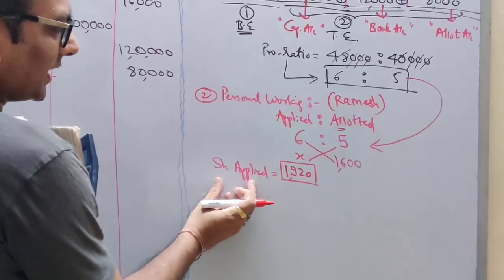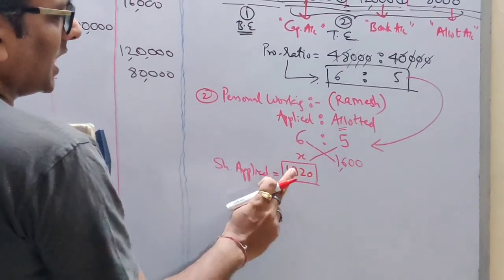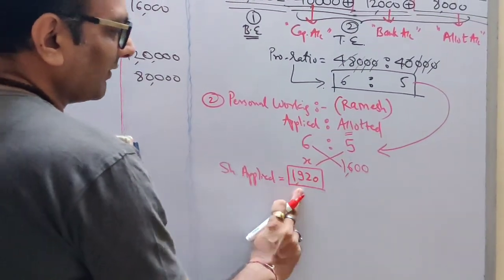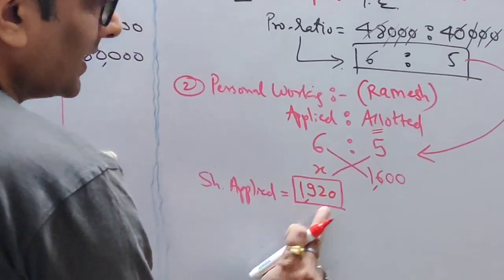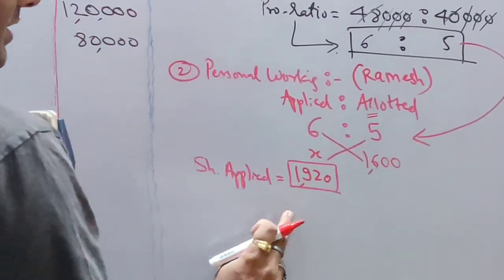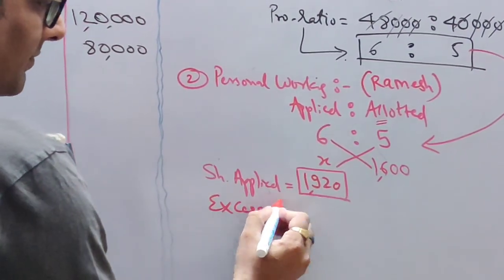So Ramesh applied for 1920 shares. Out of this application of 1920 shares, how many were allotted to him? 1600 shares.